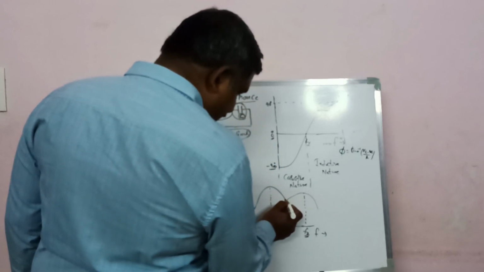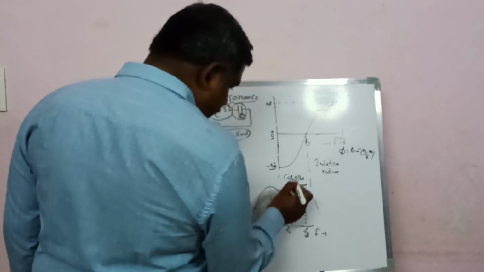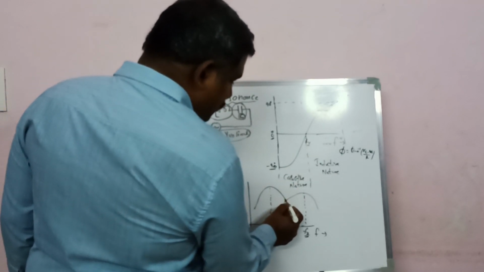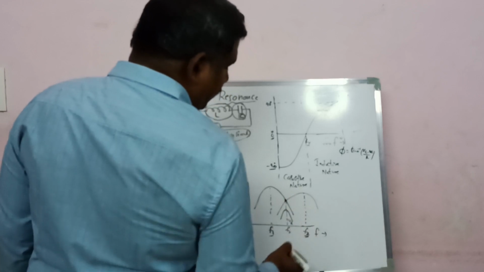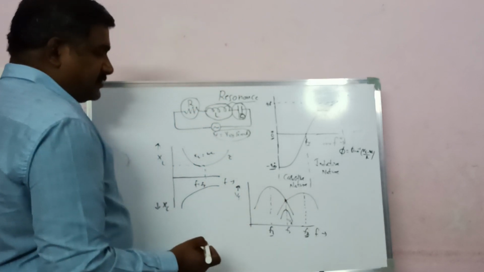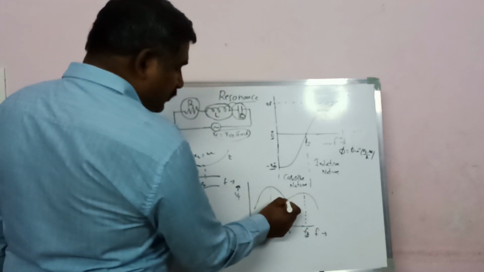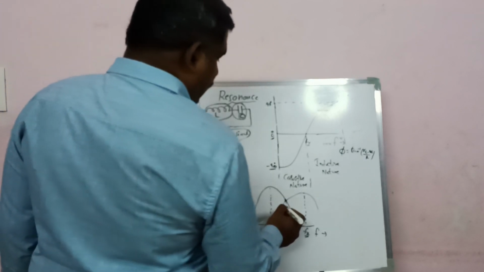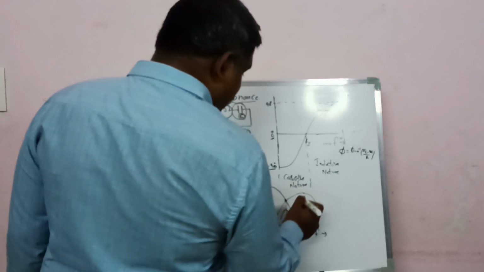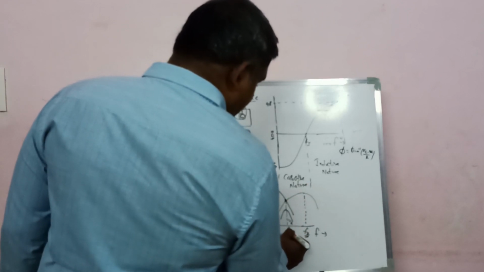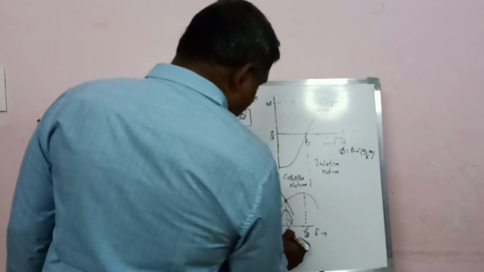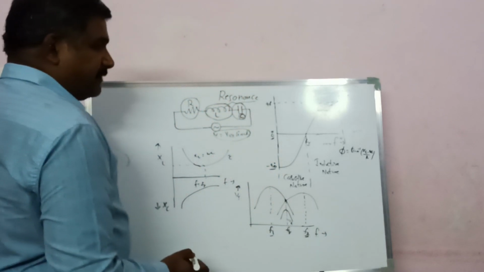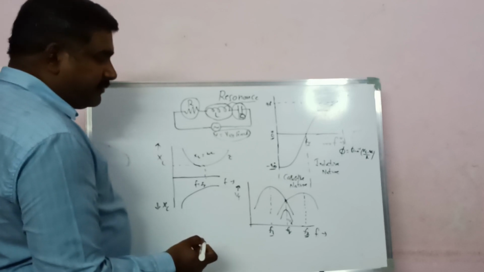This value and this value are both equal at this particular frequency FR, and at FR the current will become maximum and the impedance will become minimum.